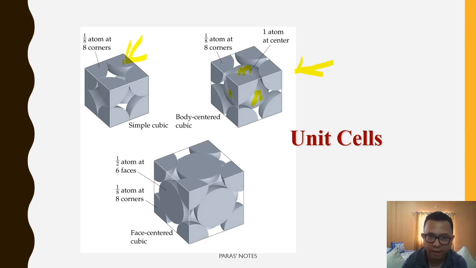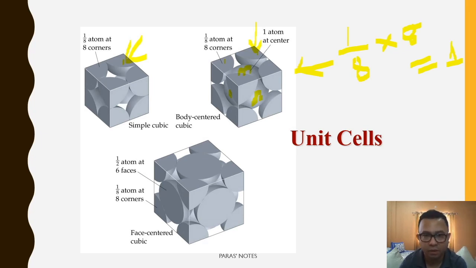In addition to this, the 8 corners are each 1/8, and such 1/8 structures, 1 2 3 4 up to 8, are there. So if I multiply 1/8 with 8, because one corner is 1/8 and 8 such corners are there, you cancel 8 and 8, so the total number of particles is 1.